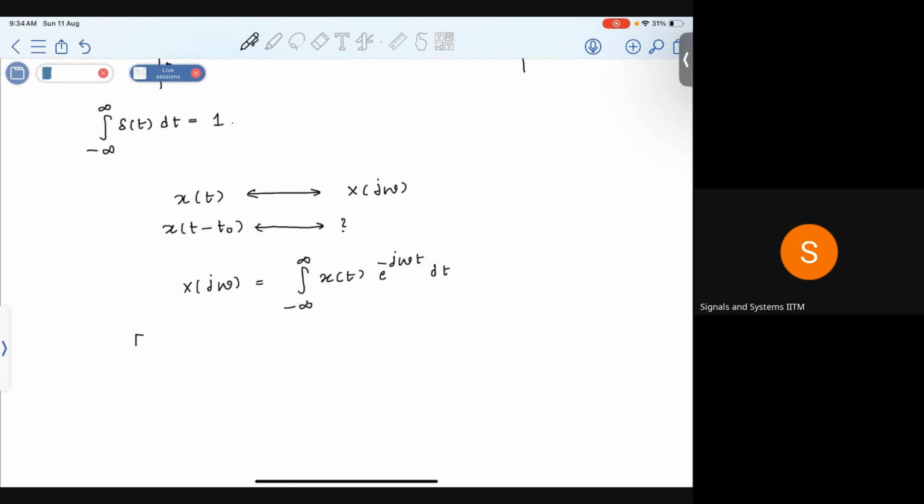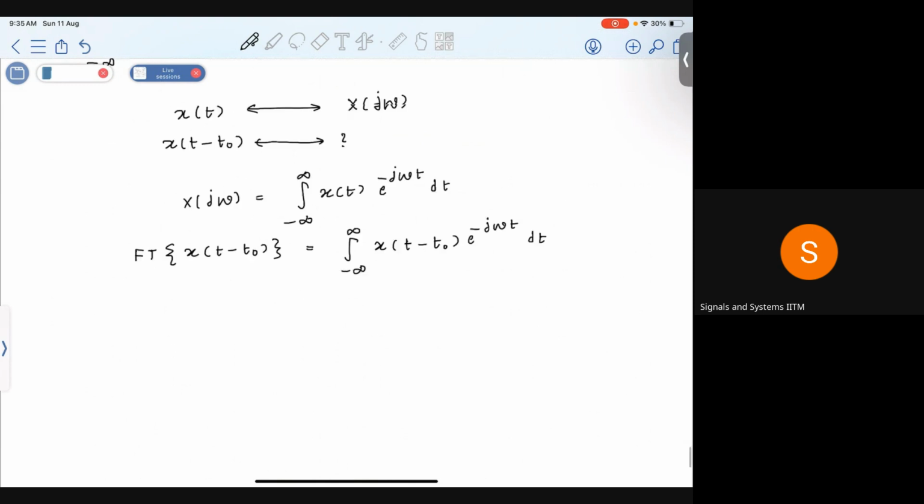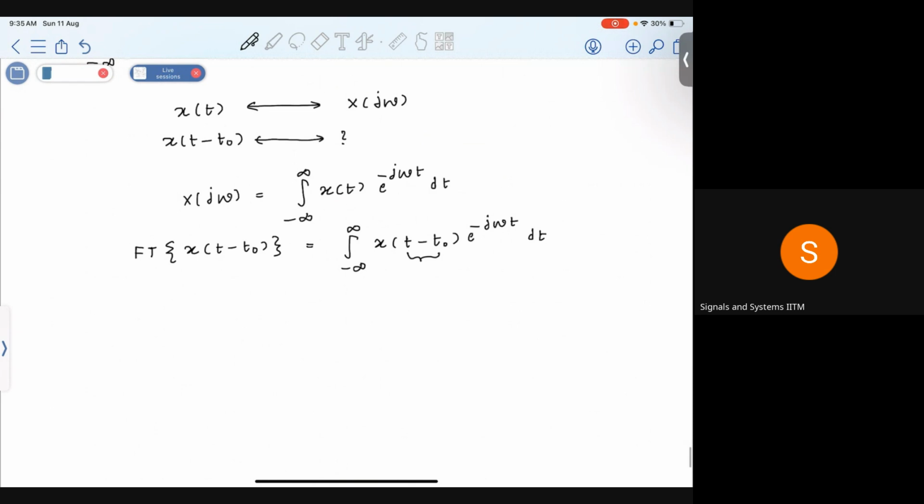Now what happens to the Fourier transform of x of t minus t naught? This would be integral minus infinity to infinity x of t minus t naught e power minus j omega t dt. Let me call this t prime. So t prime is equal to t minus t naught, dt prime is equal to dt.